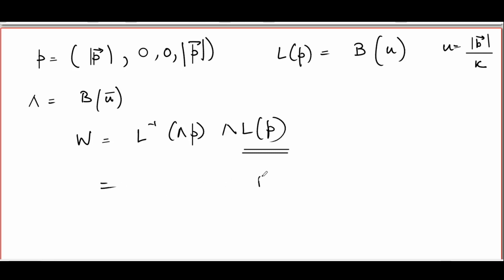So you have B of u bar, and B inverse corresponding to the momentum lambda p, which is also in the z direction. So this L of lambda p is also just a boost with some other parameter value along the z direction. Now, we can of course figure out exactly what u double bar is from u and u bar, but we don't really need to do that. The basic point is this overall thing has to be some boost along the z axis.